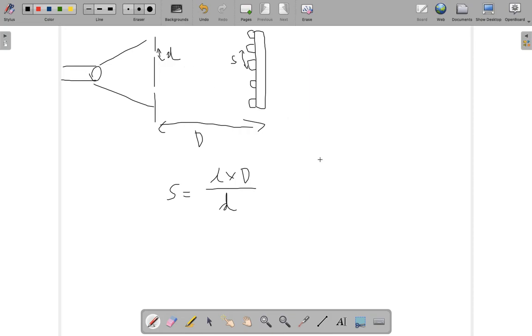That is the equation for any double source interference or a double slit interference.